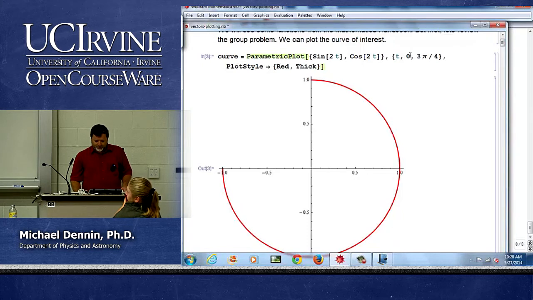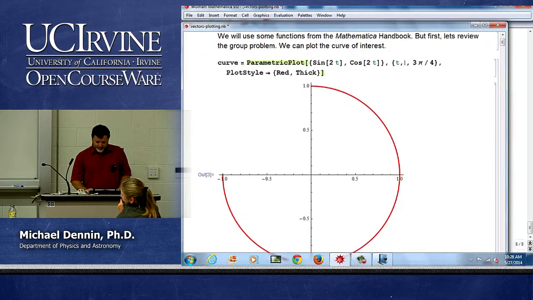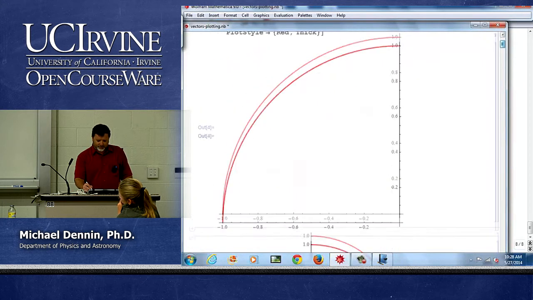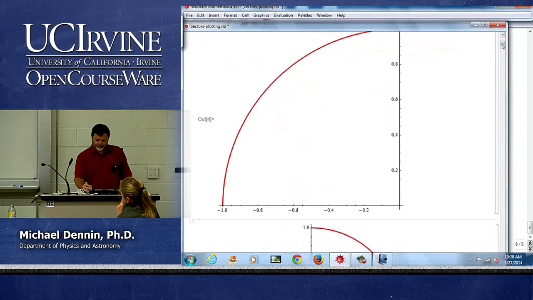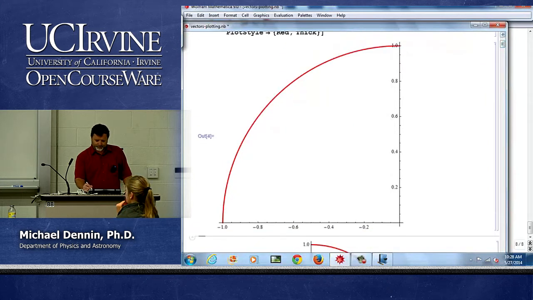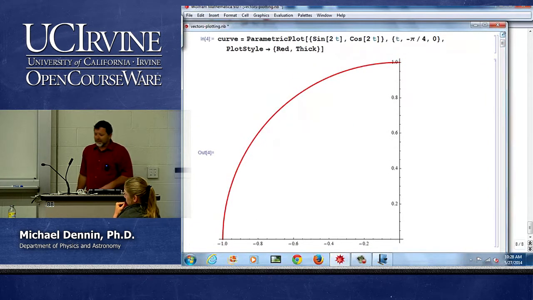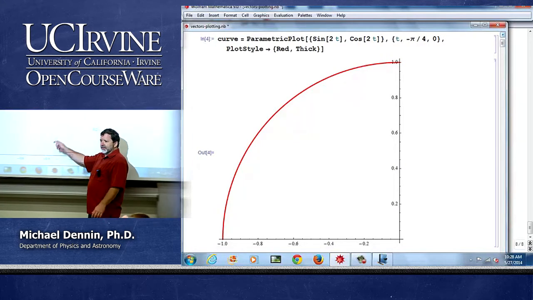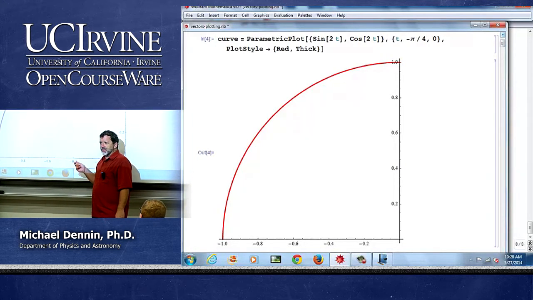And so some people did, I think if I do minus pi over 4 to 0, you get the other piece of the curve. And that's perfectly fine in the context where I did it, because I didn't tell you which one to do. I would have to specify it.